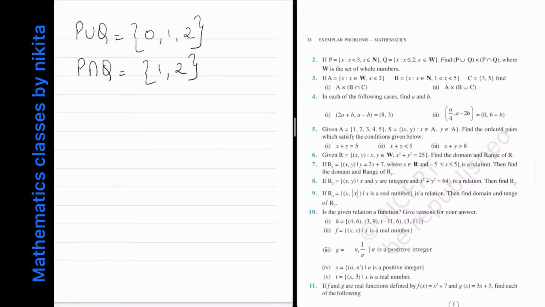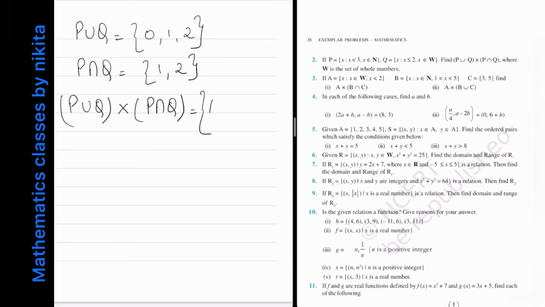Now let's find their Cartesian product in the order of this. So first P union Q, then cross P intersection Q. Now first of all, how many elements will be there? It will have 3 into 2, that is 6 elements.